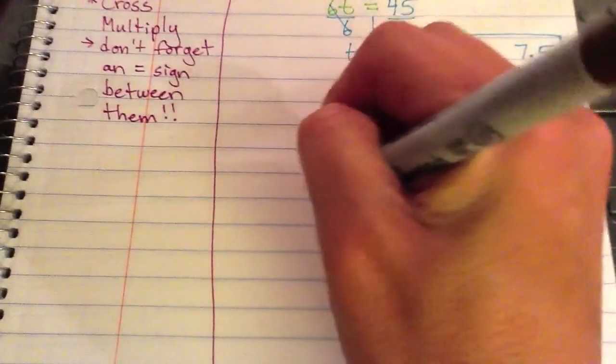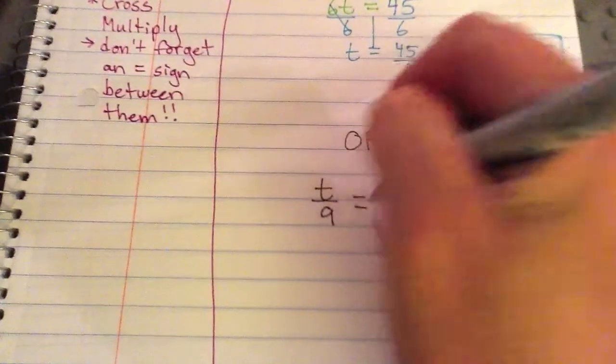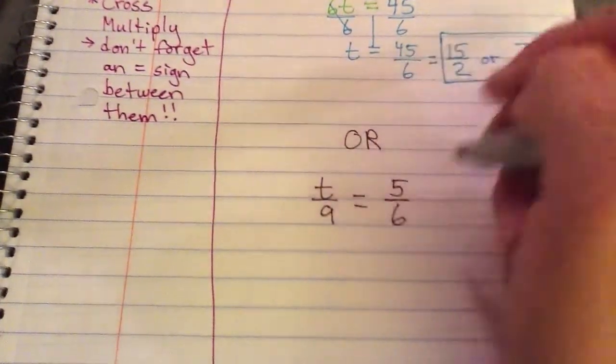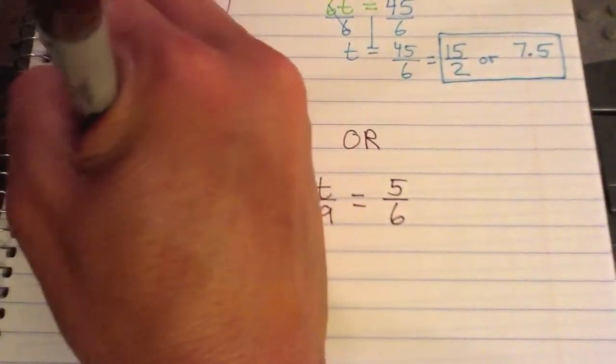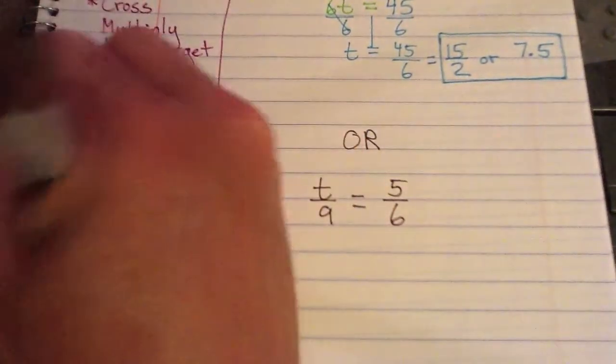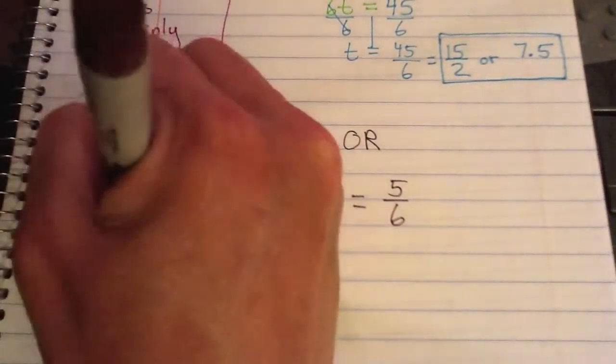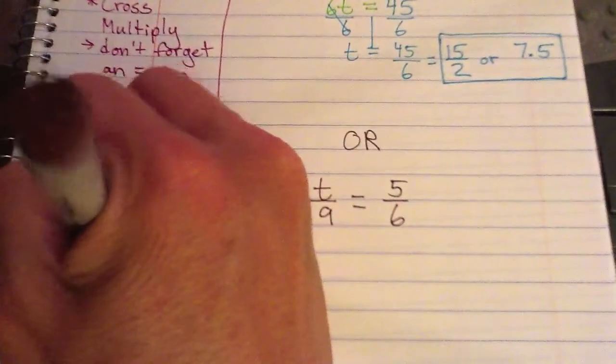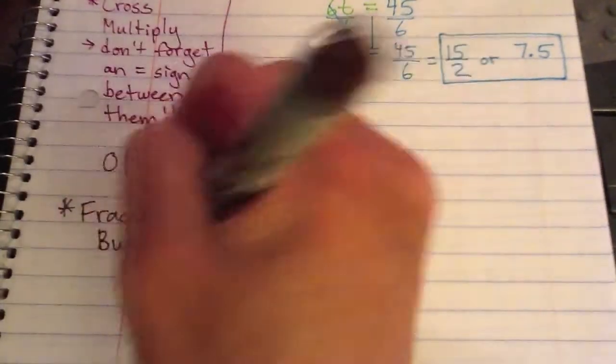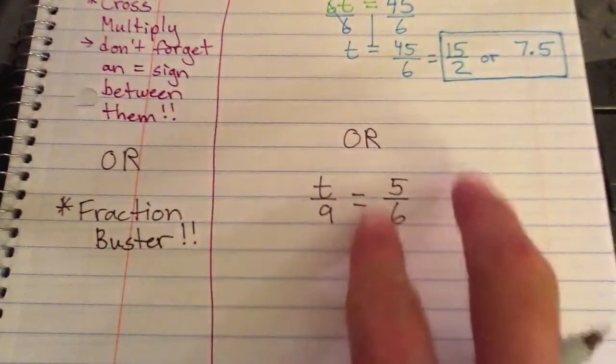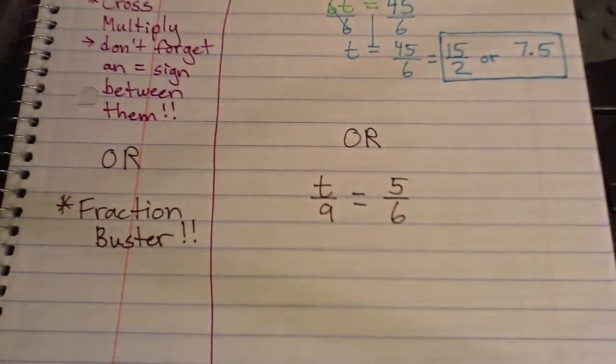So the other option is I have t over 9 equals 5 over 6, and I'm going to put fraction buster, because you have fractions, right? And we can use this anytime we have a fraction and we have an equal sign, which we do.